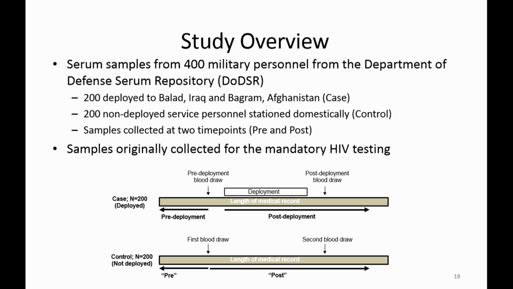For both groups, the samples were withdrawn pre-deployment, or at the first time point. The cases were deployed, and post-deployment a second sample was withdrawn. For those who were not deployed, at the same time point as the case group, a second blood draw was performed as well.